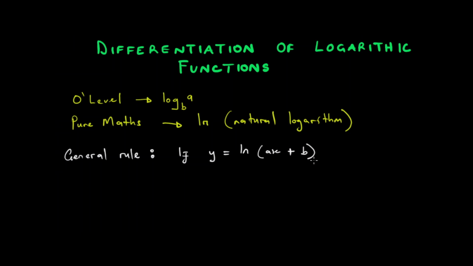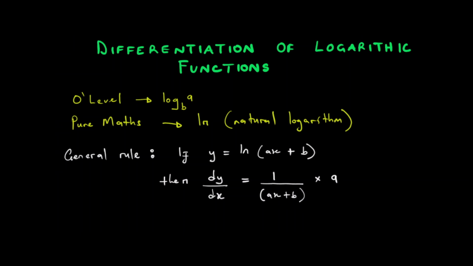So if we have this function, then dy dx, meaning the gradient function or the derivative of that function, is equal to 1 over bracket ax plus b times a.